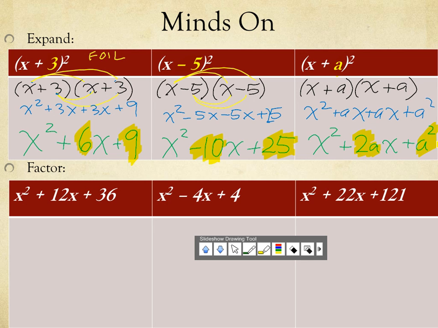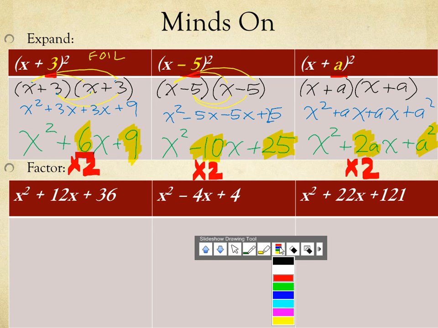So hopefully you can see the connection that I'm trying to draw, which is from this number that we started with to the middle number, you have to multiply by 2. Always true. This number times 2 is that middle number. This number times 2 is this middle number. Cool.